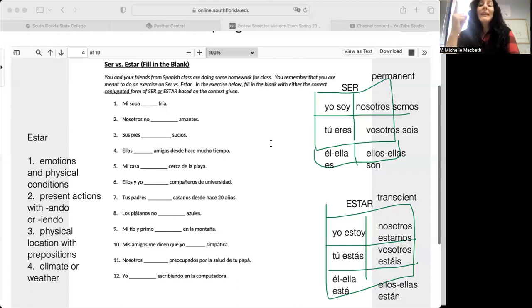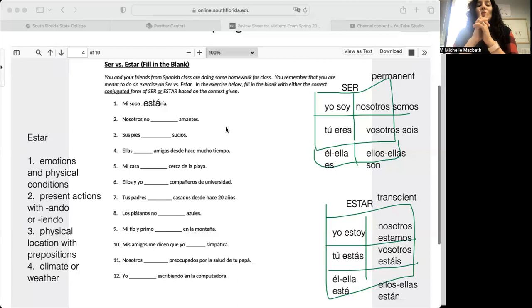Is it an emotion or a physical condition? Yes. Because I'm saying it's cold right now. What happens if I put it in the microwave? It gets hot, right? So that is estar. Okay, so mi sopa está fría, ¿no?